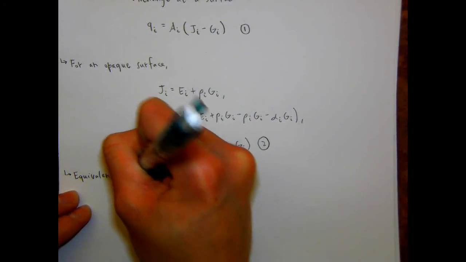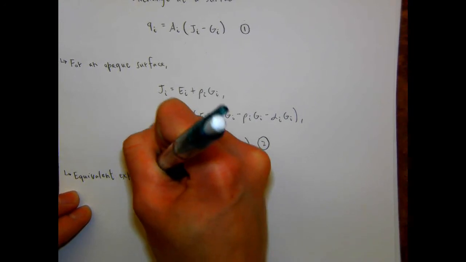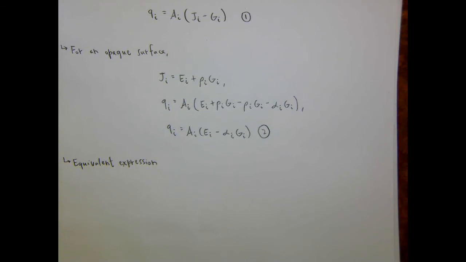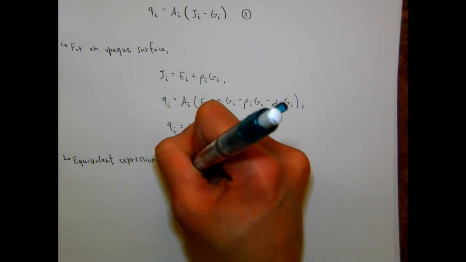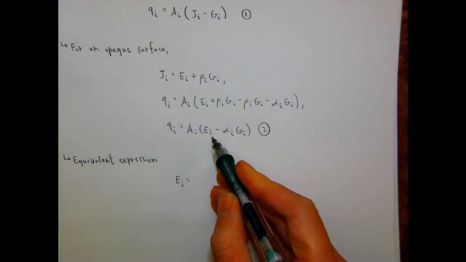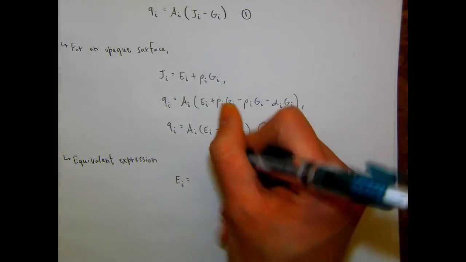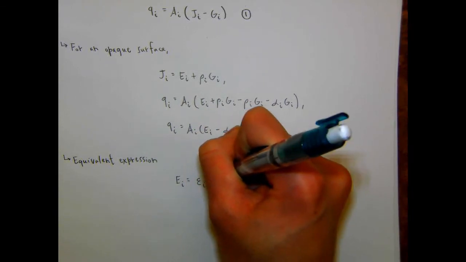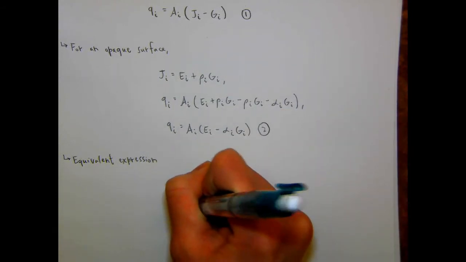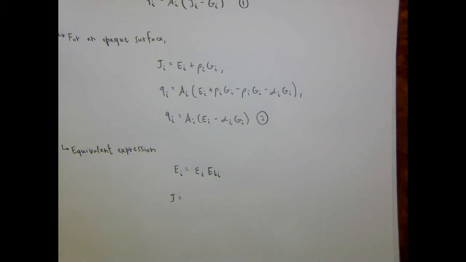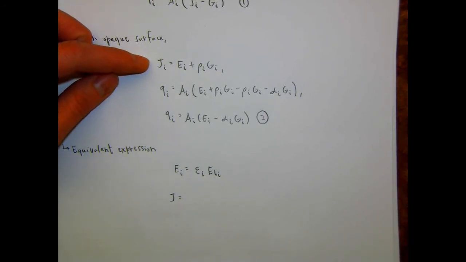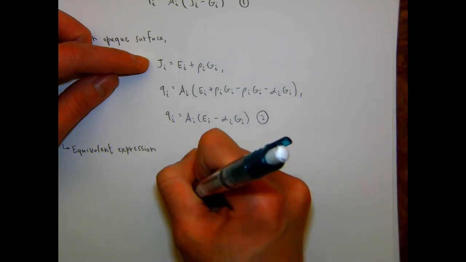A third equivalent expression uses the definition of the emissive power of a real surface. So that's the emissivity times the emissive power of a black body. And then given that definition, we can rewrite our expression for the radiosity.